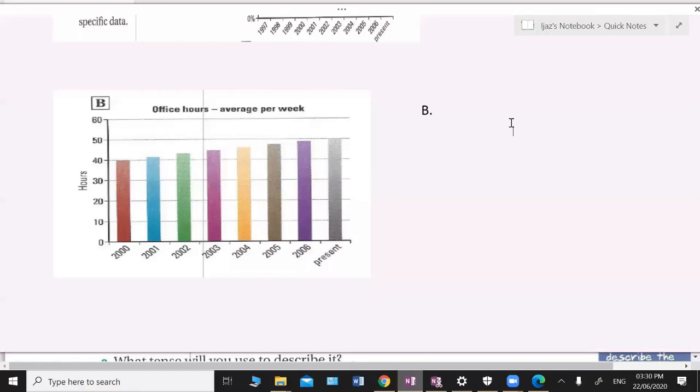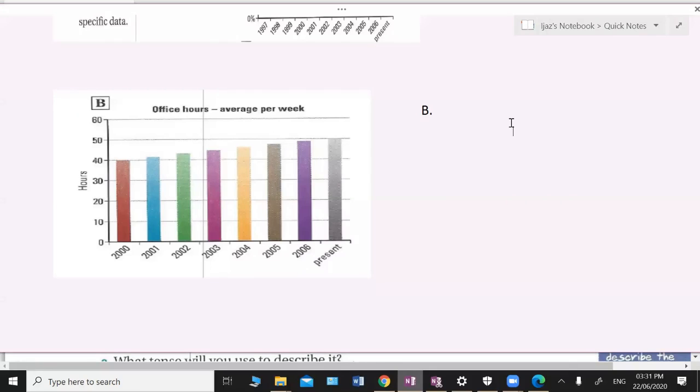The graph provides us information on the changing percentage. No, there is no changing, there is no percentage. Changing trends in the number of hours, we can say. Changing trend was in percentages in the previous one, but yes, your sentence is right. You did well. Can I have 1 or 2 more answers, and then we will move on?